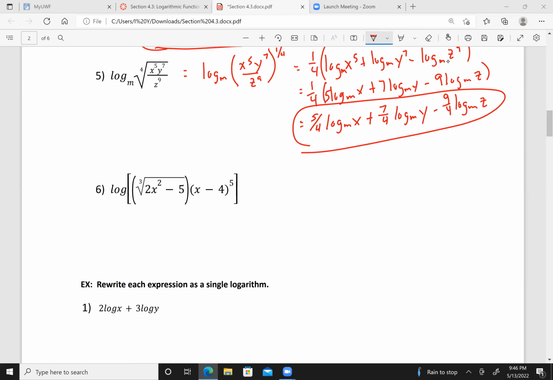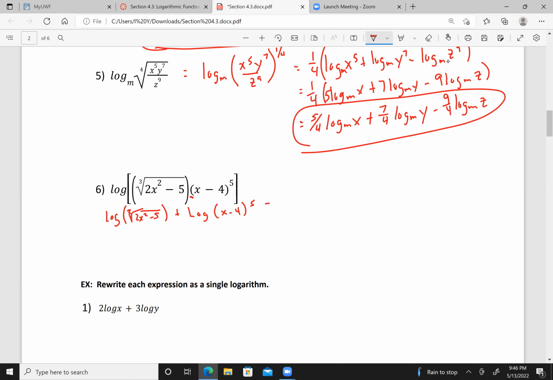Okay, so now we get a real fun one here. I have multiplication here. I have log of the cube root of 2x squared minus 5 plus the log of x minus 4 to the 5th.